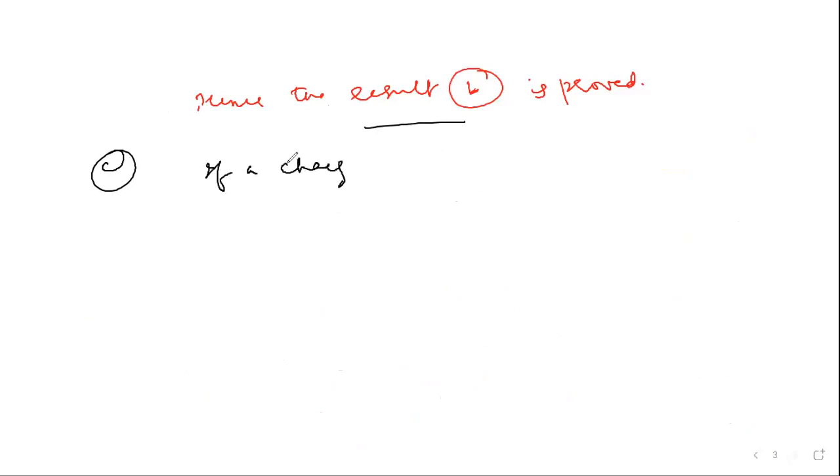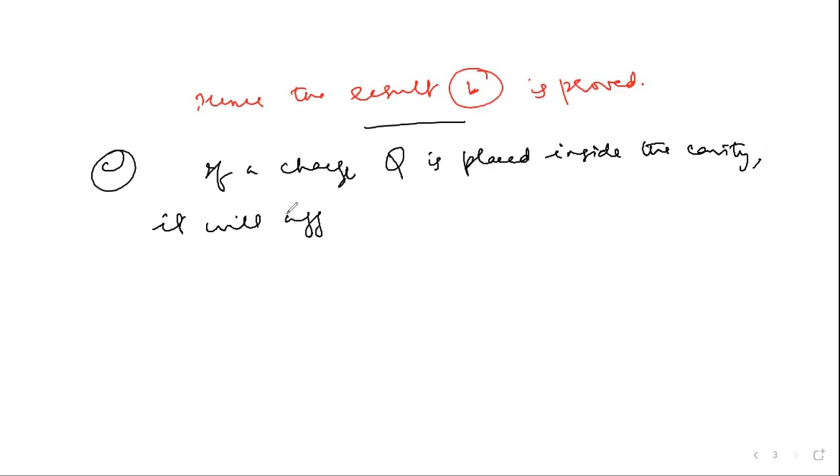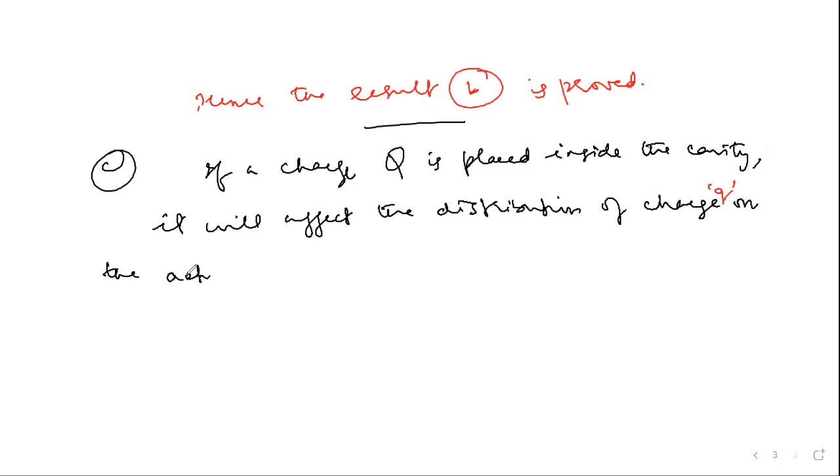Result C: If a charge Q is placed inside the cavity, it will affect the distribution of charge Q on the actual surface of the conductor.